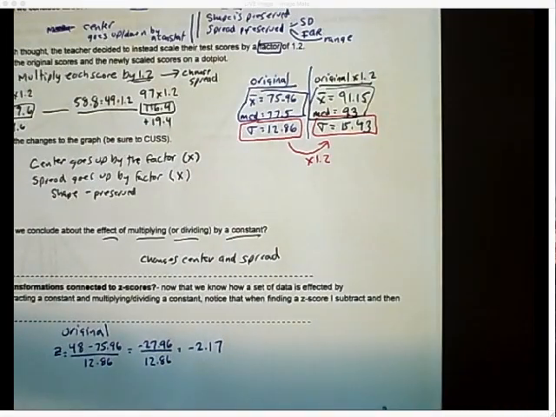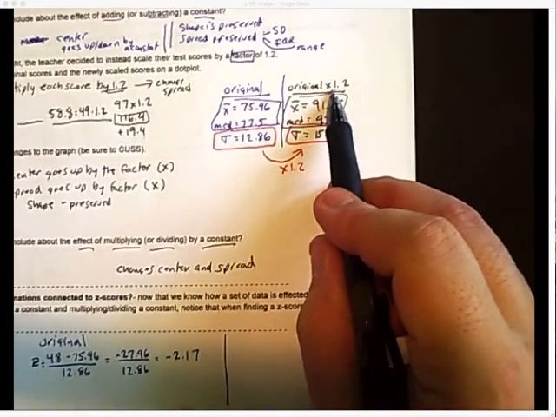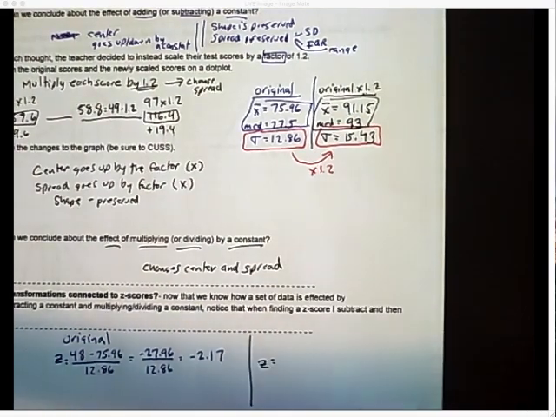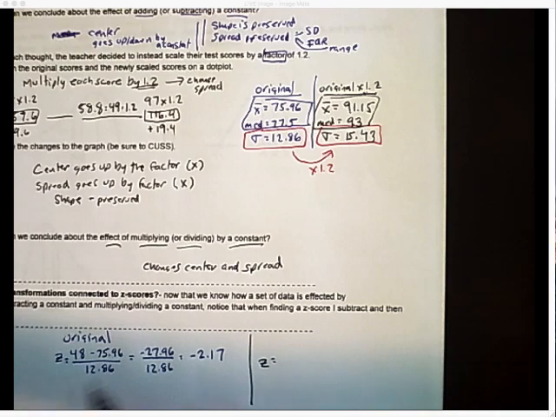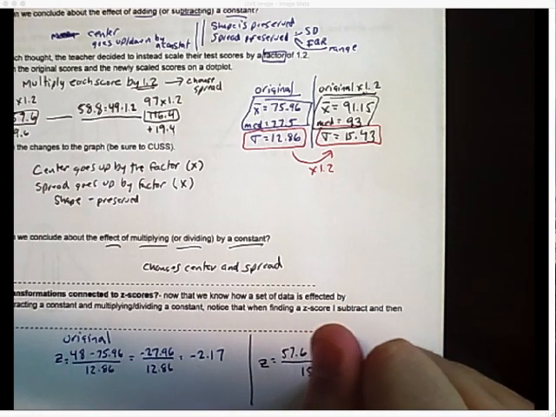What about when we looked at this? What was the person's score if you multiplied 48 by 1.2? Well, their score turned into a 57.6, and the spread of that distribution was 15.43.